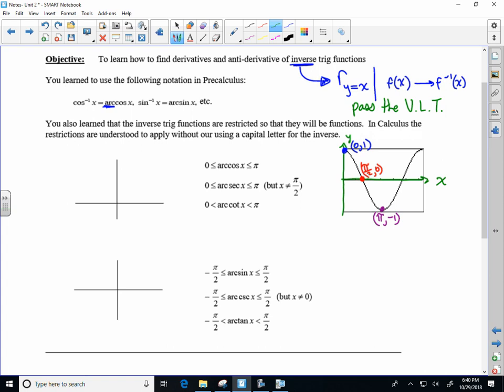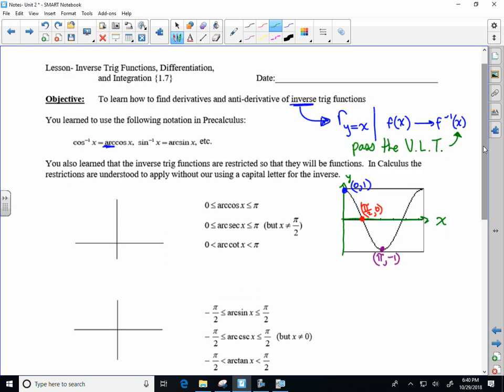So in order for the inverse to pass the vertical line test, the original function needs to pass the horizontal line test. All right, so that has to pass the horizontal line test, which works the same way as the vertical line test, just horizontal lines. All right, so this will come into play in a couple of seconds when I start graphing the inverse from this function.